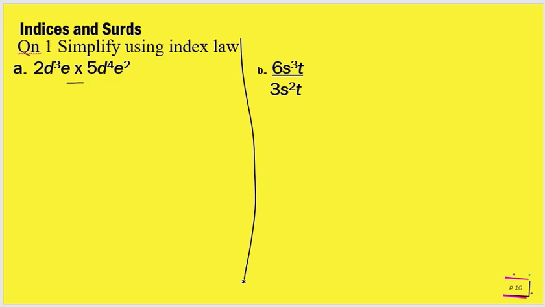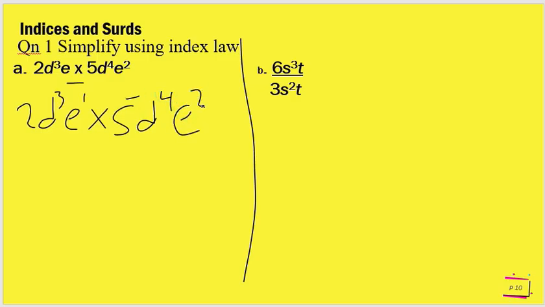So in this case we have 2 multiplied by d power 3, then e, which is just e power 1, then multiplied by 5, multiplied by d power 4, and multiplied by e power 2.